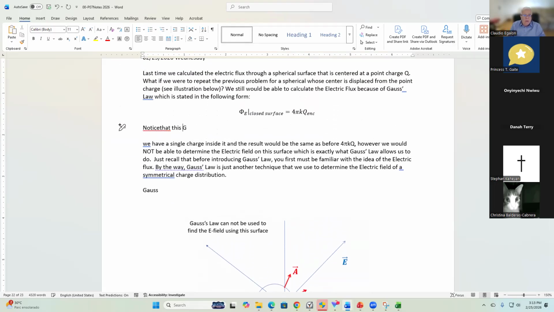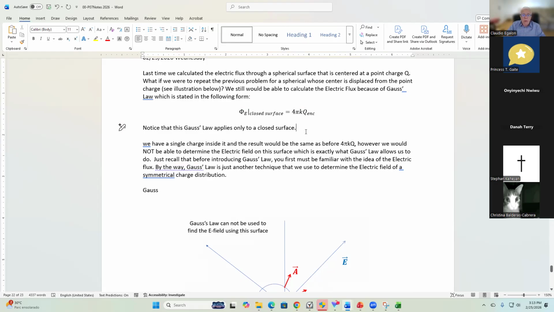Notice that this Gauss's law applies only to a closed surface. So the value from Gauss's law still would be the same as we got before, even though we have a different surface.